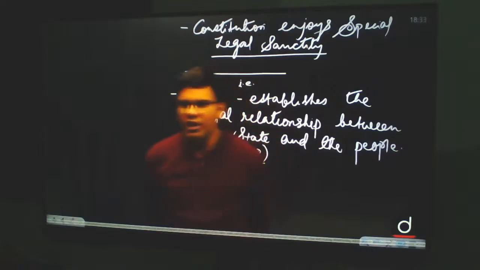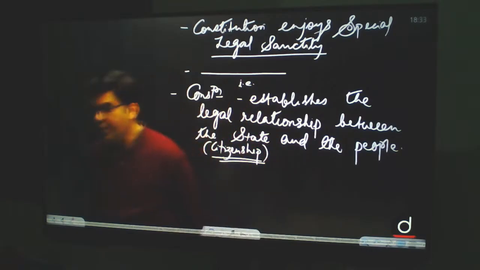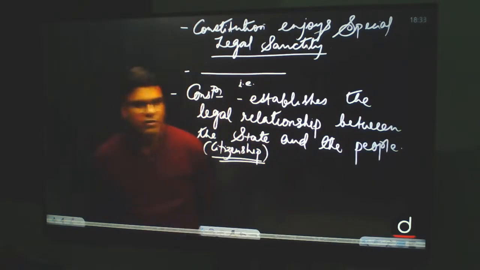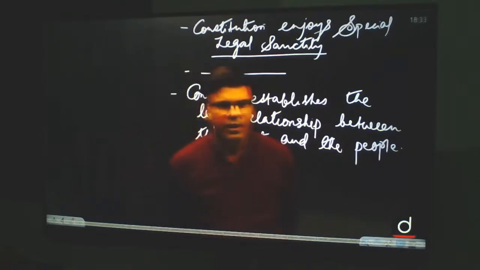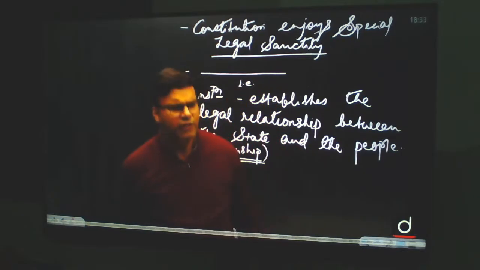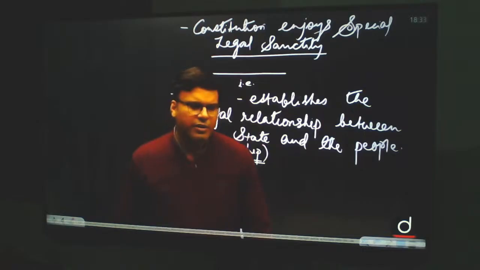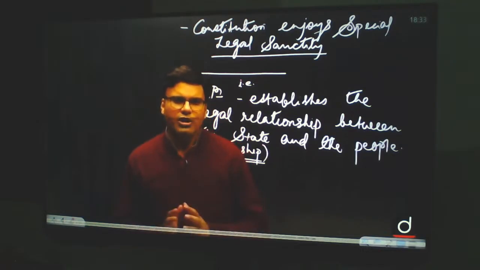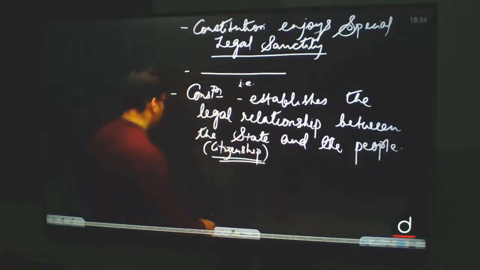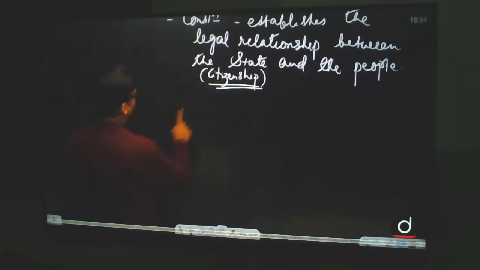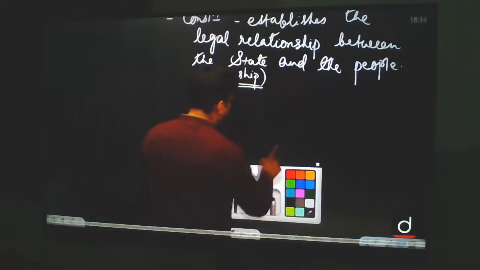Because if you just take out the constitution, then it's very difficult for the existence of a political system in any country, especially when we are talking about our country, that is India. So constitution therefore is central to the continuous existence of India as a political system. Okay? That is one basic point with regards to the Constitution of India.